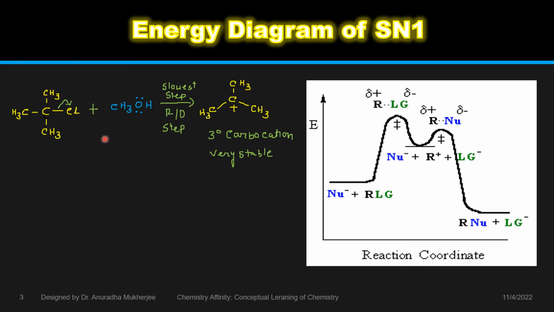For SN1 reaction, formation of a stable carbocation is the slowest step and it is called the rate determining step. Now in the energy diagram, this is the energy level for the nucleophile and the substrate. Here the nucleophile is methanol and the substrate is tertiary butyl chloride.